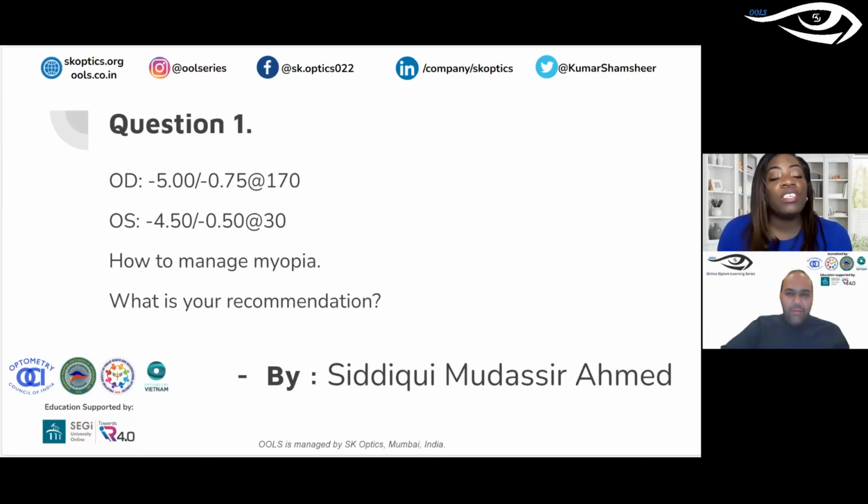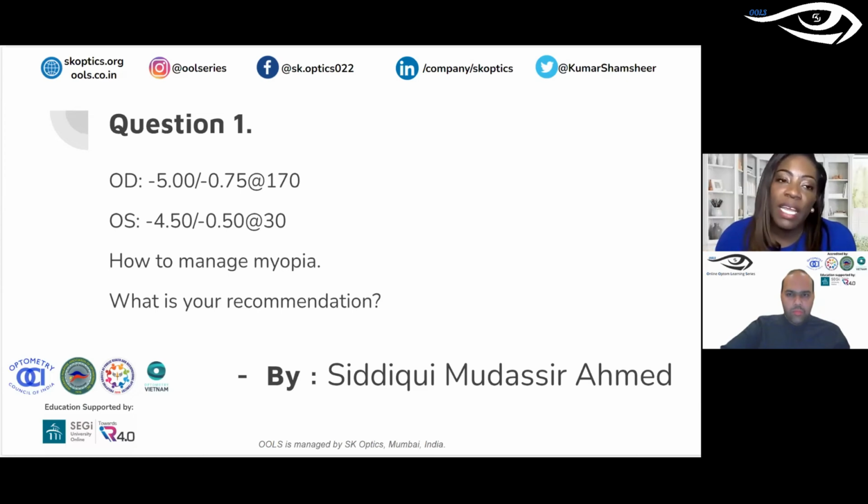Yeah. So, as far as the ortho K, this would be borderline as far as his refractive error, only because above the 4, honestly, it does become a little more challenging, especially for those of you as students here that are new to fitting ortho K. It's hard to get the lens to stay centered when you get to higher refractive errors. There's also a chance of causing some staining.